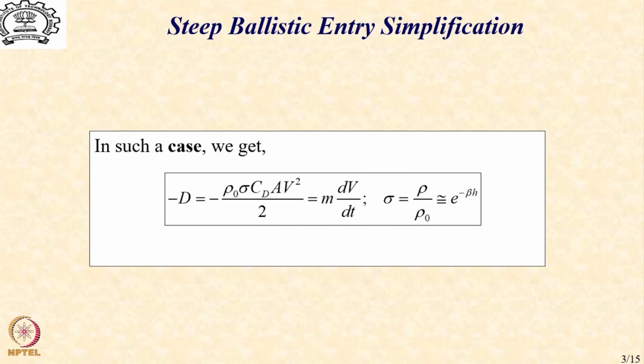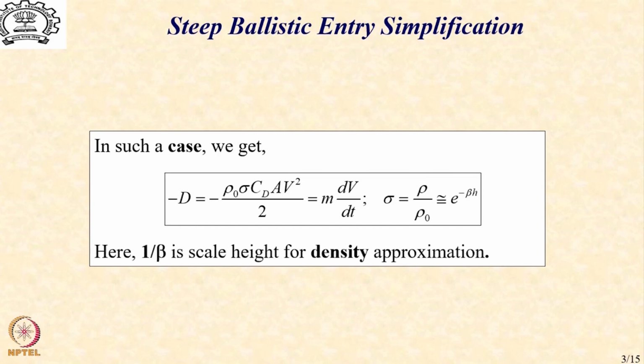Further, we also have an altitude term through the parameter sigma, which represents the ratio of the density at an altitude h with respect to the sea level density rho naught, and is typically expressed as an exponentially decaying function with beta as the parameter.